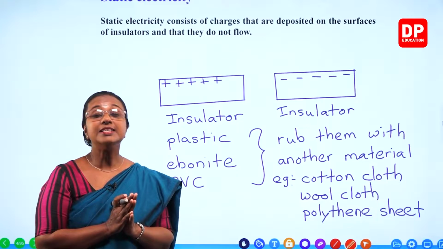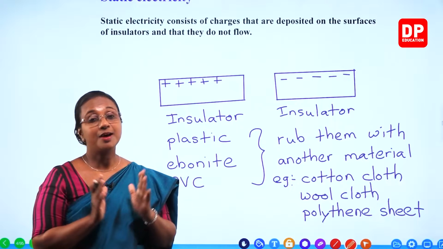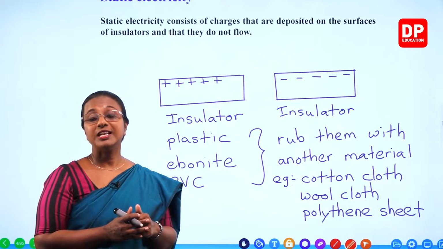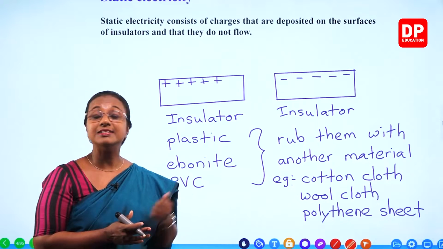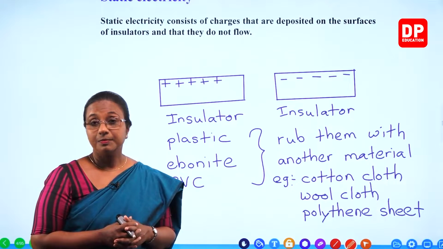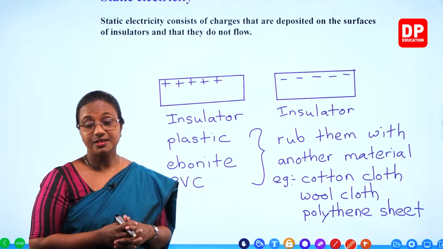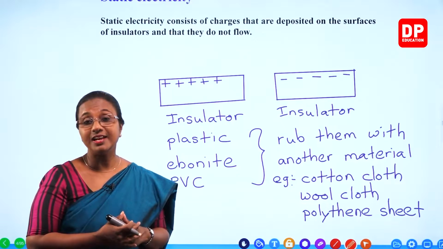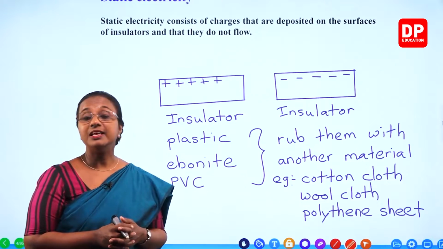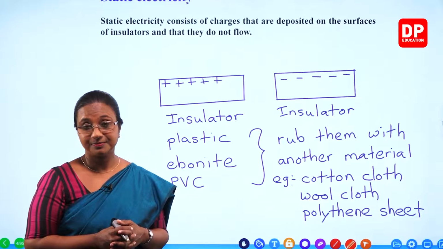That is why static electricity. I am sure you can understand that. So now we will move on to the next slide where we look at some examples or instances where we come across static electricity or where we can generate static electricity using an insulator and a material to rub on it.